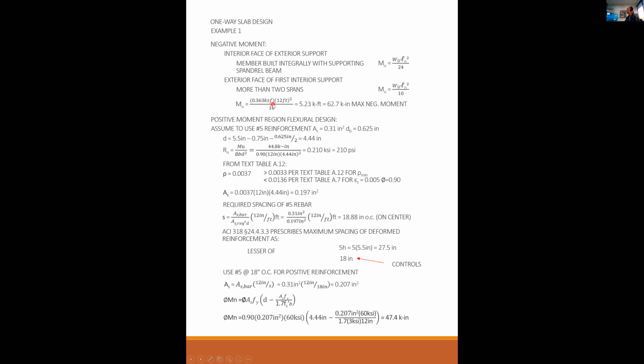All of our moments are actually per foot. My compression element down here is 12 inches. It makes everything simple if we just design a 12-inch strip, but we never are designing a 12-inch strip. It's always something 10, 20, 30, 40 feet wide. So when you put your rebar in at 18 inches on center, it averages 0.207 per foot, but it's really many, many pieces of rebar spread out at 18 inches on center. Right. Okay, that makes sense.